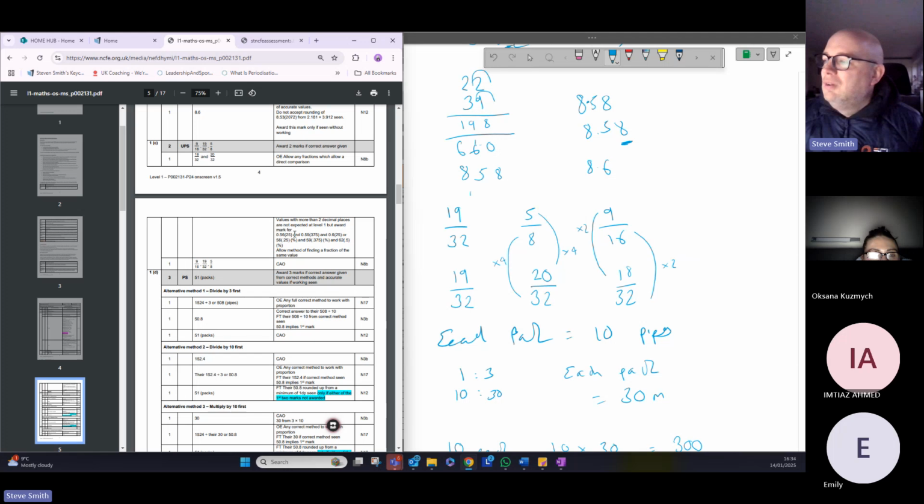At level 1, am I dividing 19 by 32 in my head? Absolutely not. Am I dividing 5 by 8? Probably not, no. And so when they've changed theirs to decimals here, I don't believe them. Changing it to the same denominator is absolutely the safest way to do it. They've done it here, look.